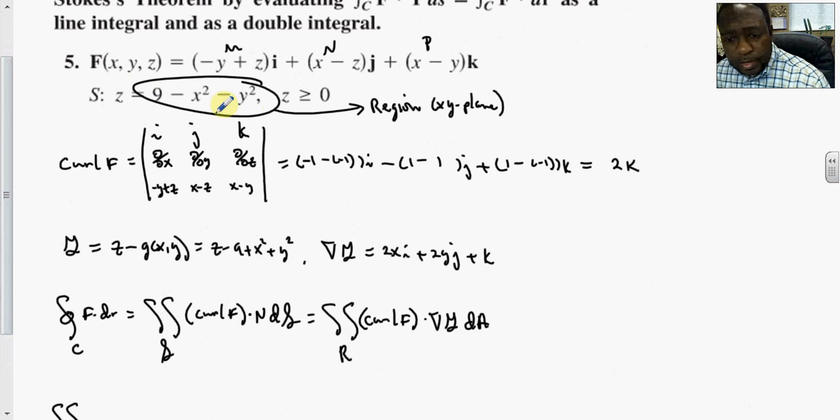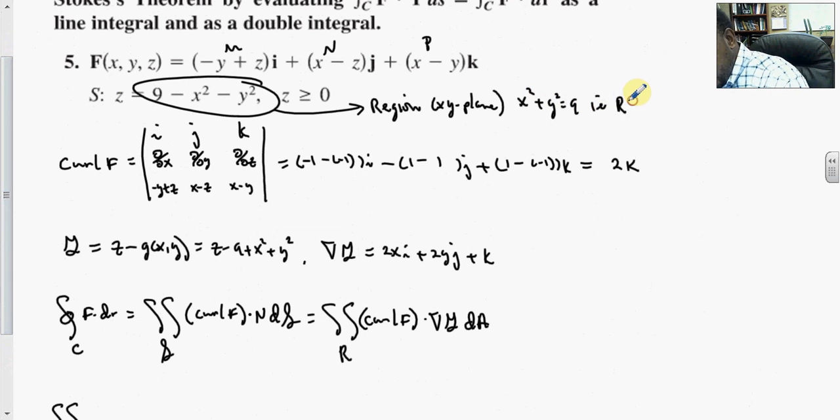If z is equal to 0, if you deal with the xy plane, then you have x squared plus y squared equal to 9. So that is the region. It's simply r bounded from 0 to 3, and theta, it's a complete circle, bounded from 0 to 2 pi.